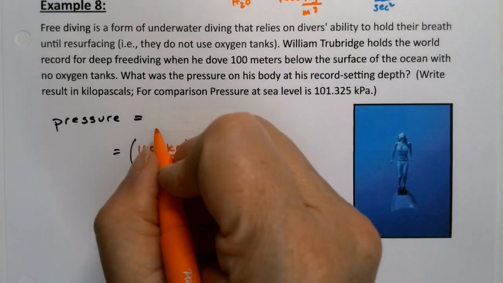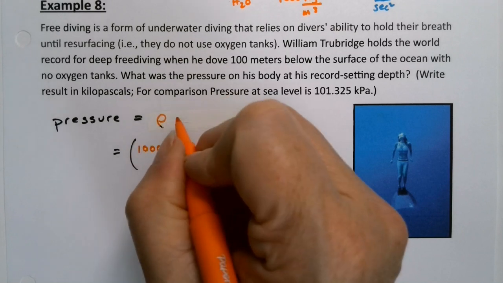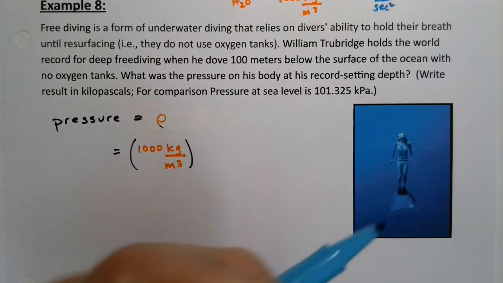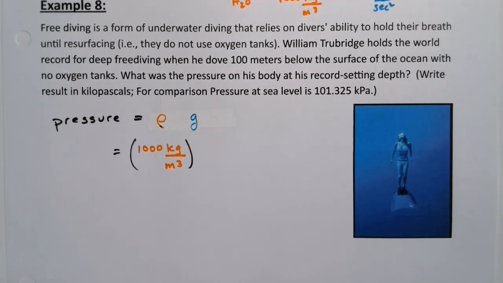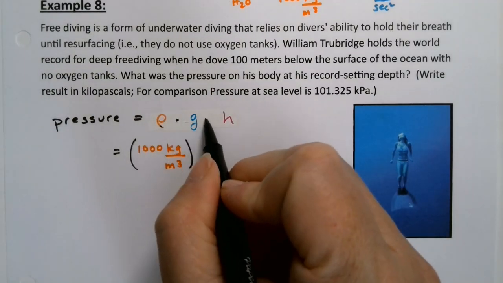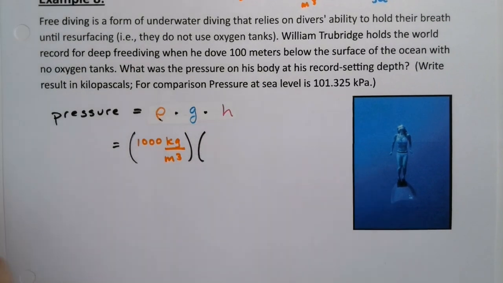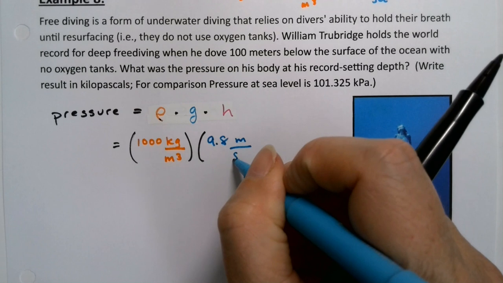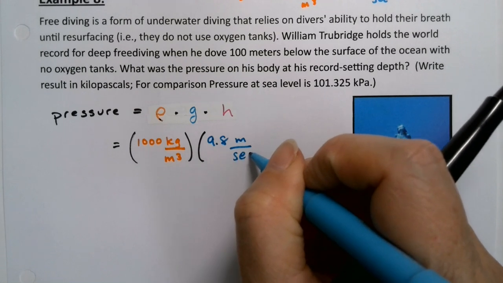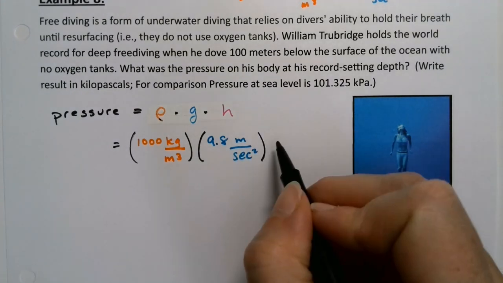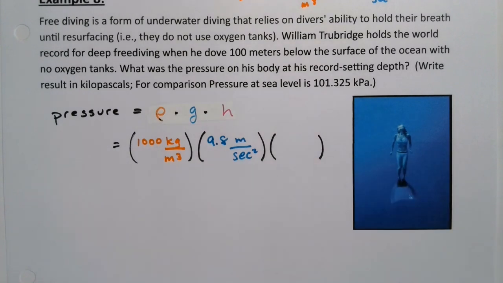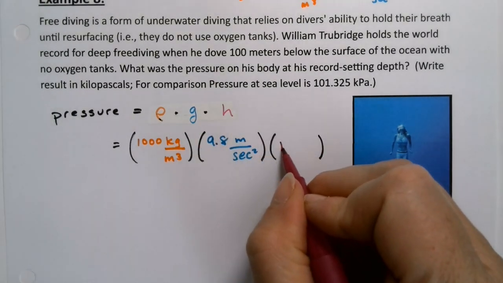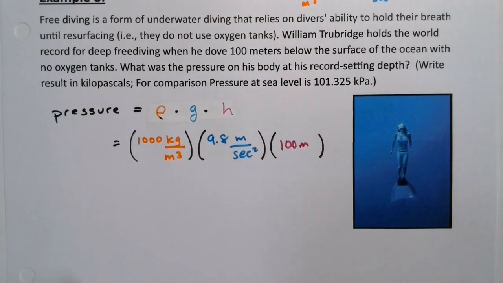So rho times gravity times height. So I'm leaving myself some space in there, but you get it. Now gravity, because we live on planet Earth, is 9.8 meters per second squared. So that's not changing. Now, his depth, aka height, was 100 meters below the water.